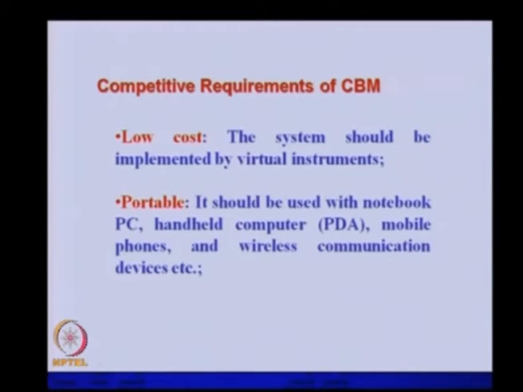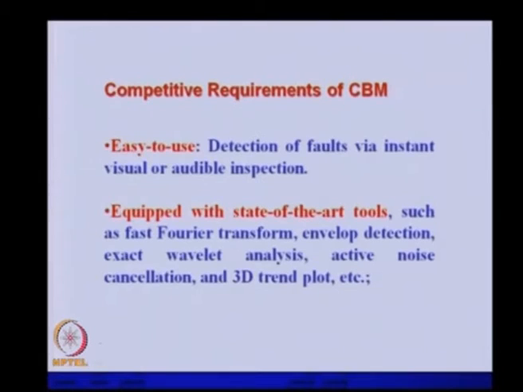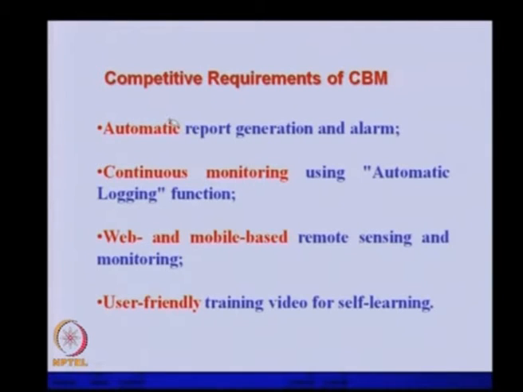It should be portable, again I am repeating, portable, and usable with a notebook, PC, handheld computer, mobile phones, wireless communication, etc. Easy to use, with detection of fault via instant exact wavelet analysis, active noise cancellation, and 3D trend plot, etc. Other requirements are automatic report generation and alarm, condition monitoring using automatic logging function, web and mobile based remote sensing and monitoring, user friendly, and training video for self learning. So, these are some of the requirements a CBM should have.